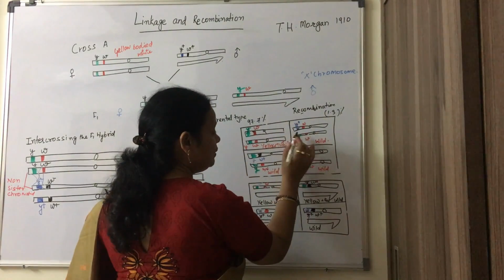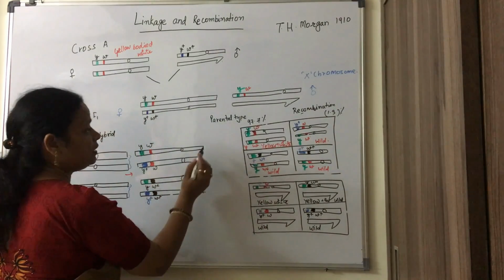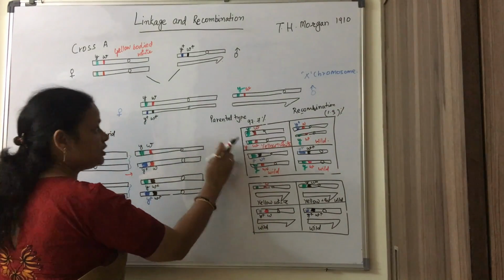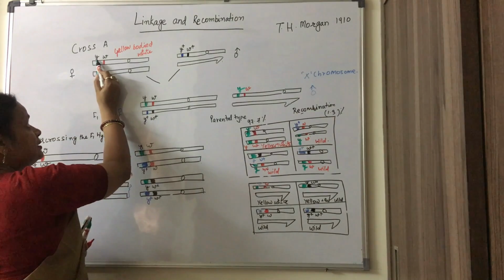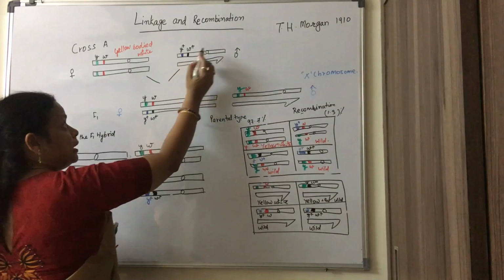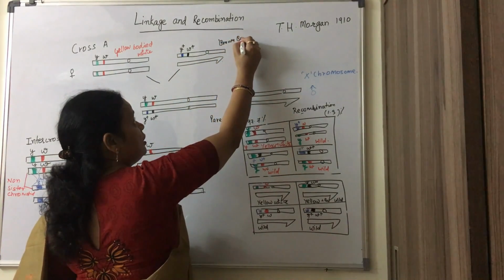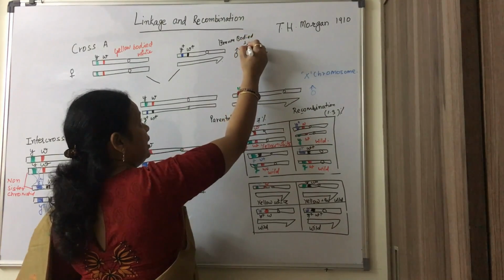Recombinant means there is some new character in the progeny. None of the parents is the yellow bodied with white eyed or the brown bodied with red eyed, this is our cross of brown bodied with red eyed.